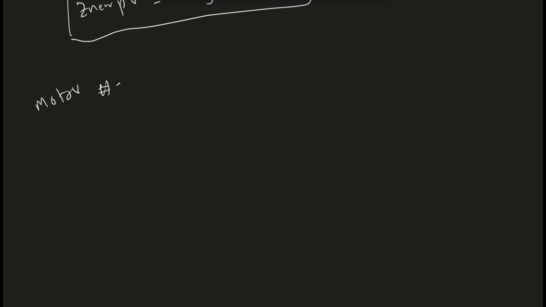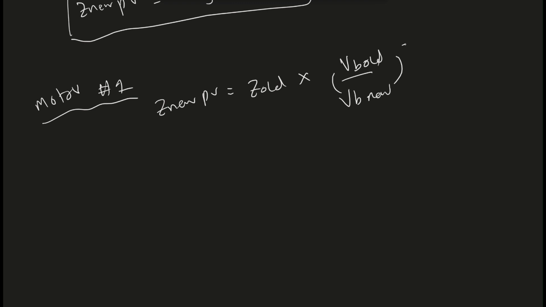Motor 1, using the same formula: Z new per unit is equal to Z old into (VB old by VB new) square into (SB new by SB old). So the motor 1 Z per unit value is given as j0.15, multiplied by the old value.